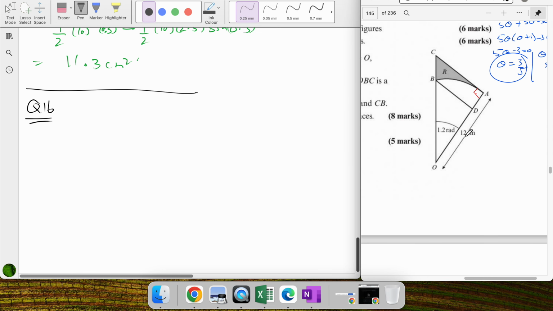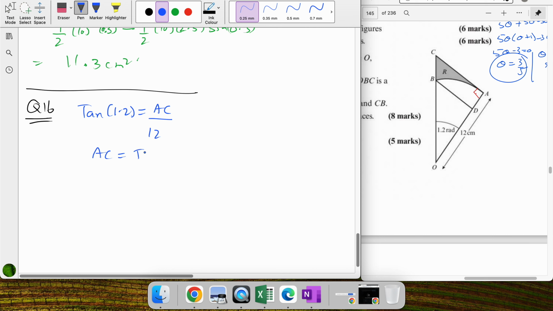So we are going to find the area of the shaded region, which would be the complete triangle minus the sector. For the complete triangle, I need to find AC first, and I'm using tan. Tan of the given angle, which is 1.2, is equal to perpendicular AC over base, which is already given OA, that is 12. So AC is equal to 12 tan of 1.2.